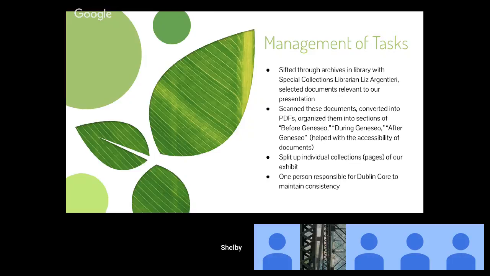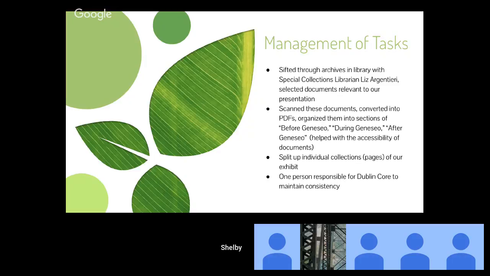Once we found said box, we had to sift through and pick documents that we could fit into our Omeka exhibit. From there, we scanned the documents: letters, pictures, everything. We converted them to PDFs and put the PDFs in a Google folder that we could all access. Then we organized the documents into three sections: Kelly before Geneseo, during Geneseo, and after Geneseo.